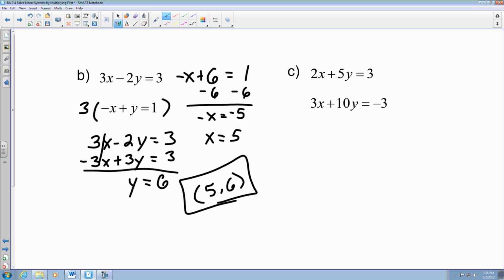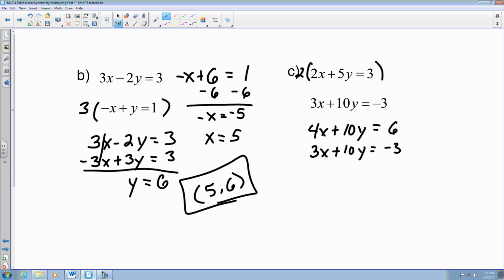So by doing that, I'm going to multiply the entire first equation by 2, which leaves me with 4x plus 10y equals 6. And then I've got 3x plus 10y equals negative 3.